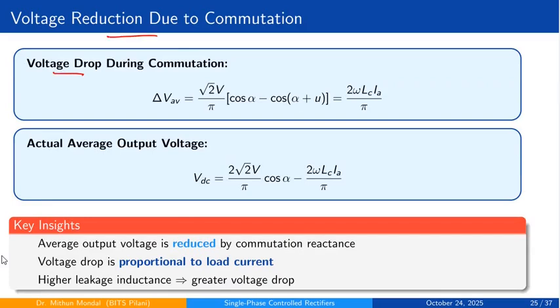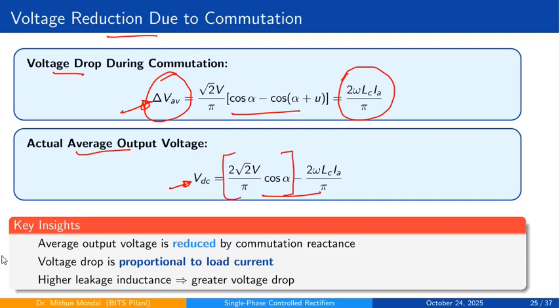There is a voltage drop which takes place during the commutation process. The average voltage drop can be estimated from this expression, which is 2 omega LC IA by pi. The actual average output voltage VDC will be a little bit less, because we have to subtract this drop from the actual DC expression.